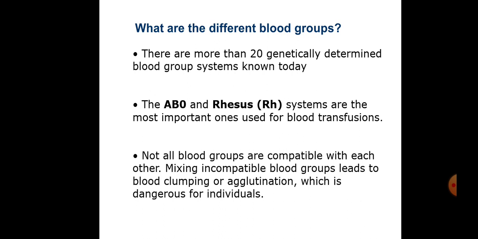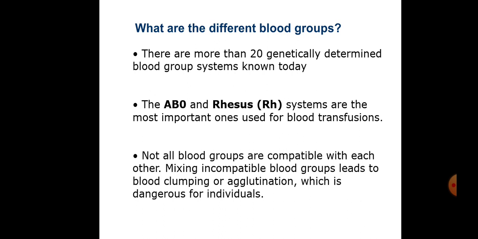Codominant means that both traits are equally expressed in a ratio of half is to half, in a probability of 50% is to 50%. The blood grouping system is important for two reasons.